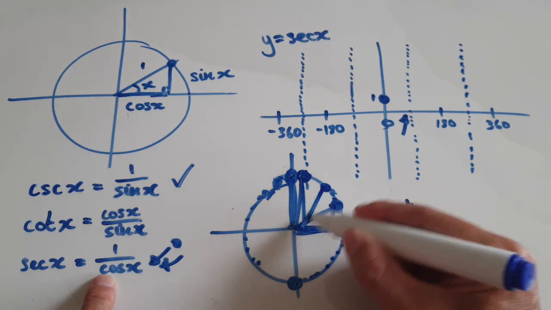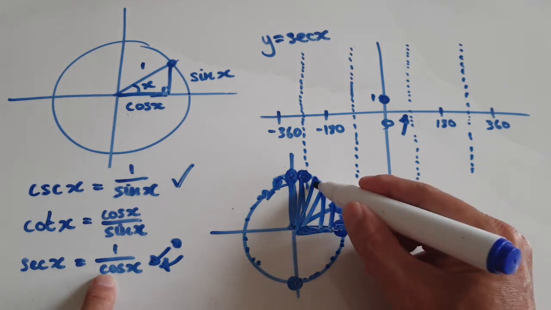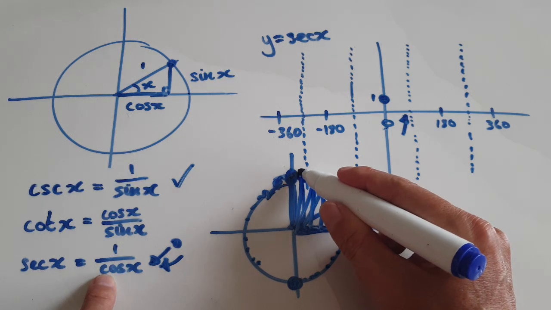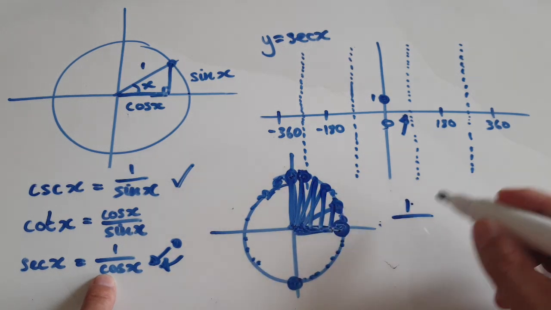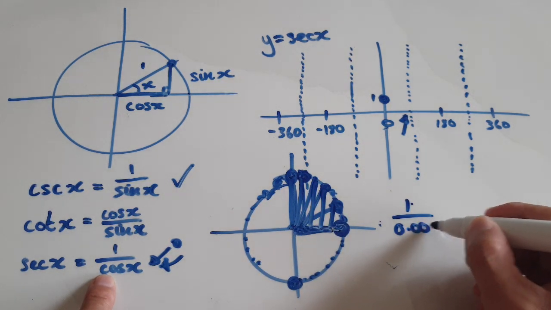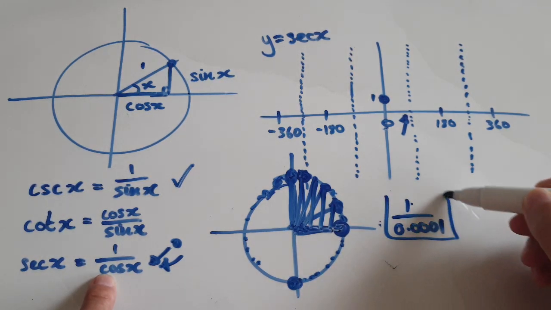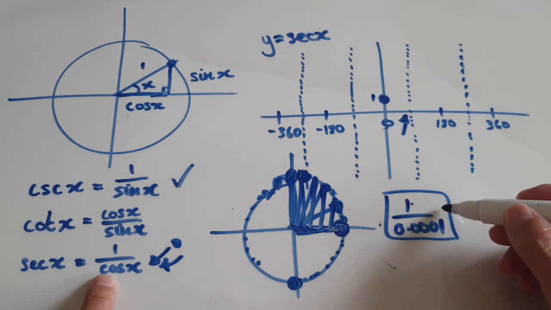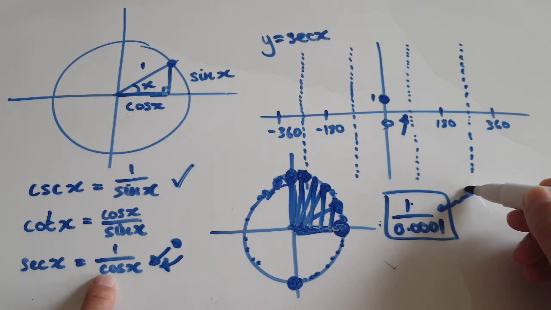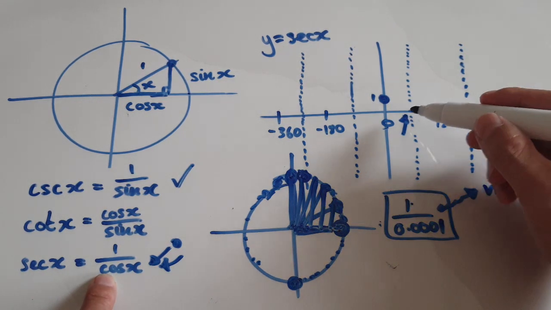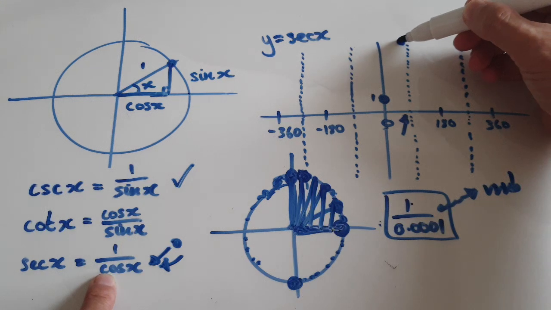As it moves closer and closer, the width gets smaller and smaller. Just before 90 degrees, the width will be tiny. So imagine it to be this number, really small. Now 1 divided by a very, very small number, I've already explained, would be very, very big. So just before 90, it's going to jump up here.